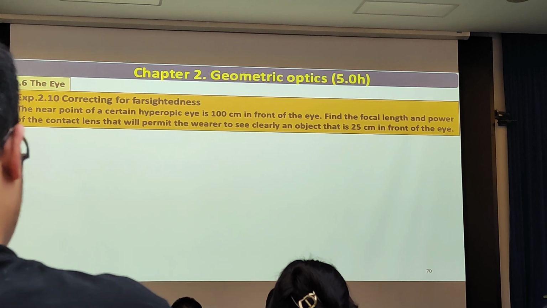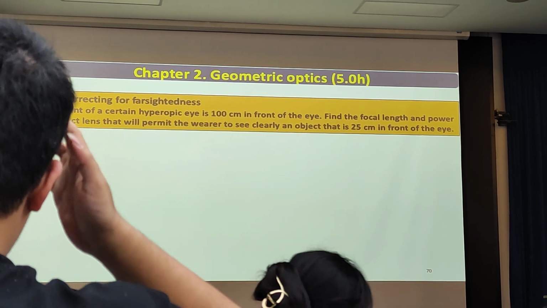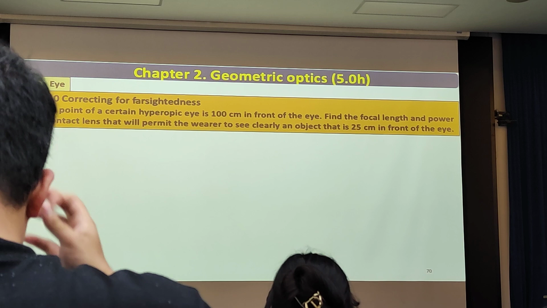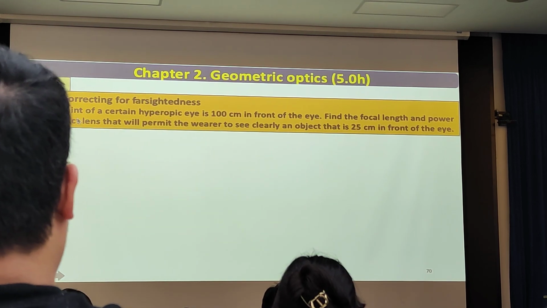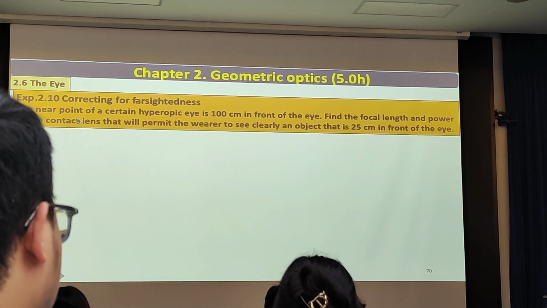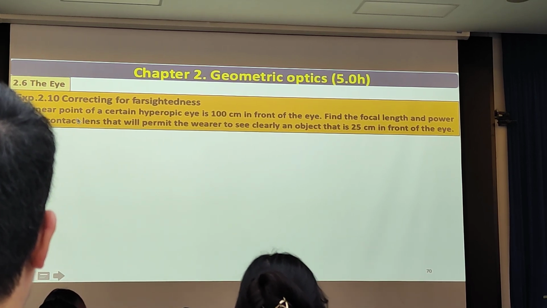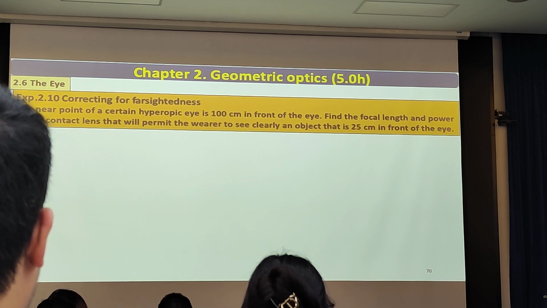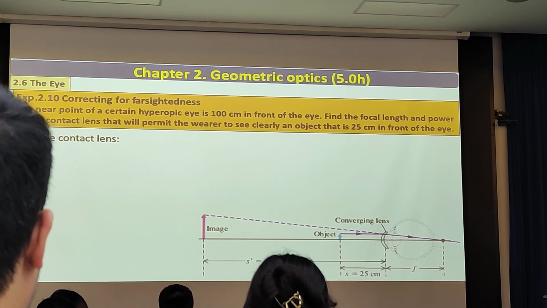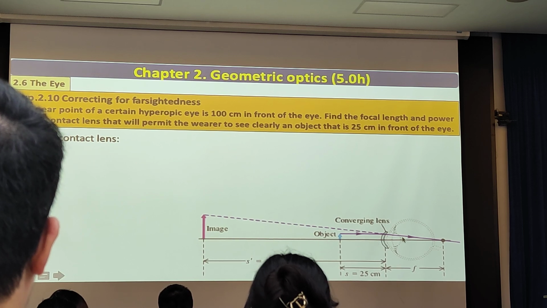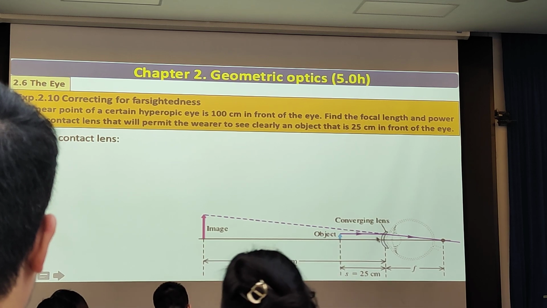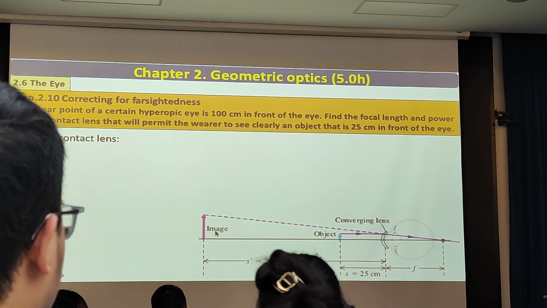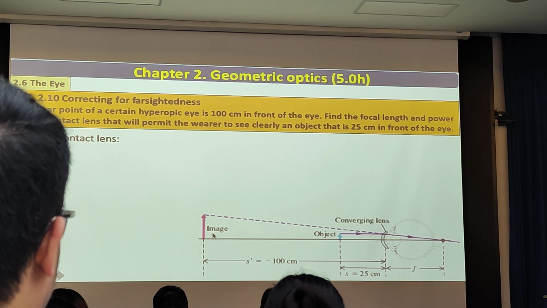So, we need to use here the converging lens, and a hint is that they ask us the contact lens. So the distance between the glass and your eyes is 0. The contact lens is 0. So, for the contact lens, you have here the object first, the contact lens and your eye here. This converging lens has to form an image here, the virtual one, and then you can observe this one.